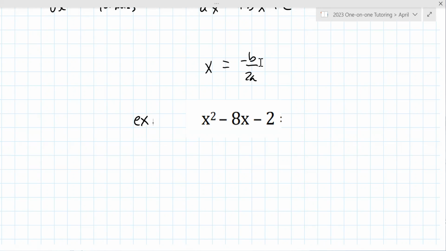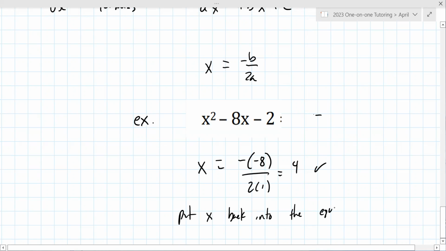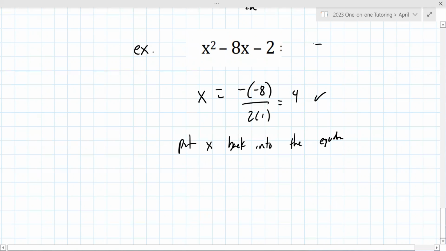4. Yeah, so it's x equals minus b over 2a, minus -8 over 2 times 1, which is 4. Very good. Now to find the y coordinate, you put x back into the equation. So you're going to do 4 squared, and I show it as substituted in parentheses, minus 2, like that.